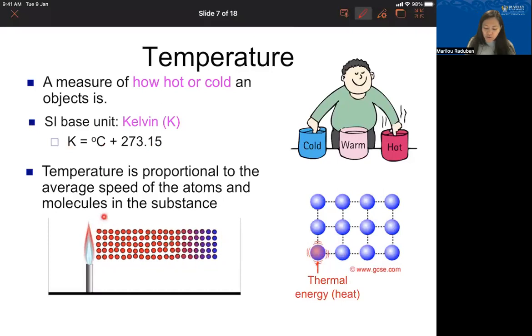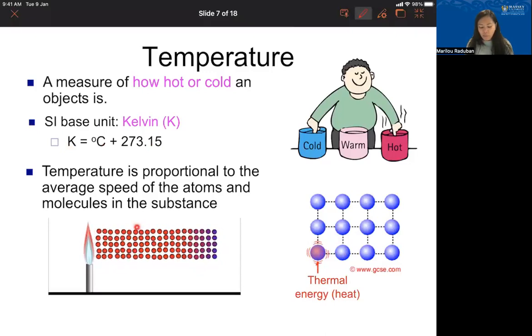Okay, and when that happens, you'll see here in the beginning, the temperature of the material is not uniform. So closer to the flame, you have a higher temperature, faster moving atoms, represented by the red dots. But as energy is being transferred to the atoms at the end, notice how the temperature of the material becomes more uniform.